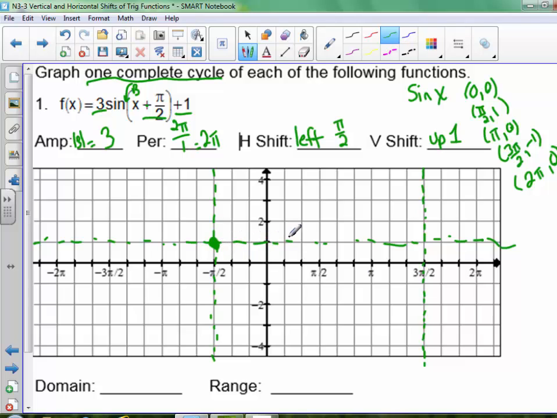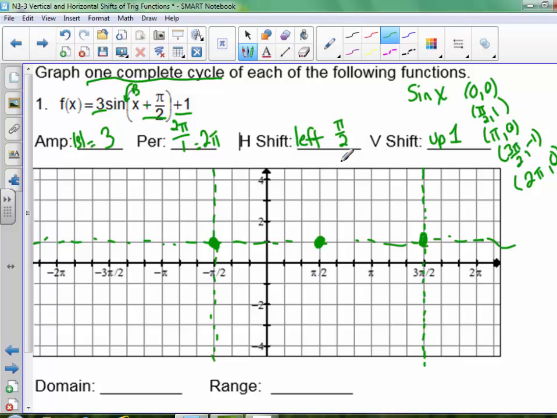This is pi over 2, another pi over 2 makes a distance of pi. And then finally at 3 pi over 2, that's where my new 2 pi is. Those are zeros, and no matter what I multiply by, whether I stretch or shift, they're still going to be lined up here on my new horizontal axis.